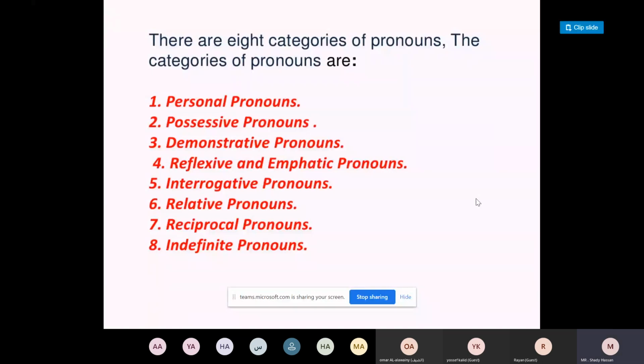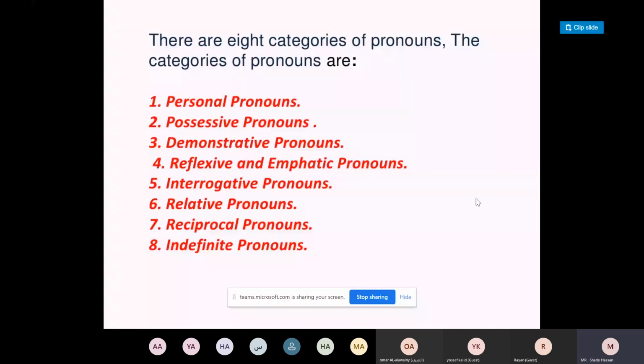Relative pronouns like that, which, who, whom. Reciprocal pronouns like each other, one another. Number 8, indefinite pronouns like somebody, someone, something, anyone, anybody, anything, nothing.